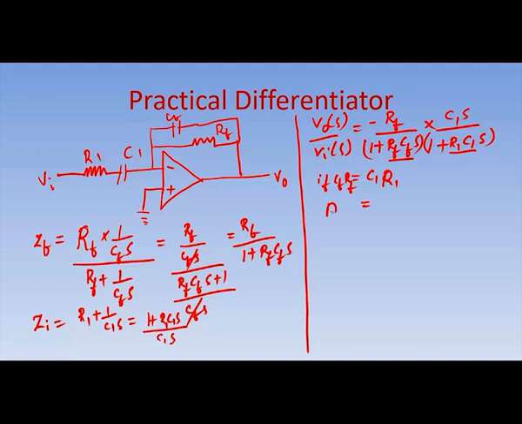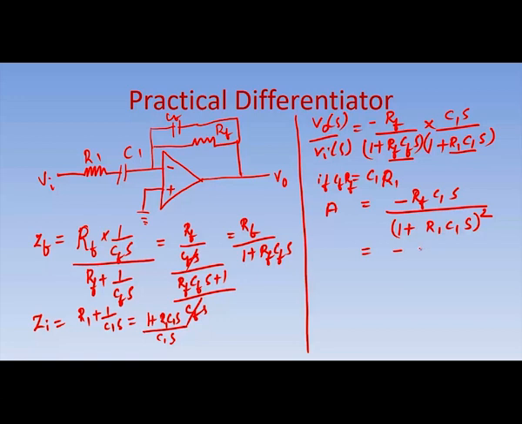So, the gain will be equal to minus RF C1S divided by 1 plus R1 C1S, the whole square.